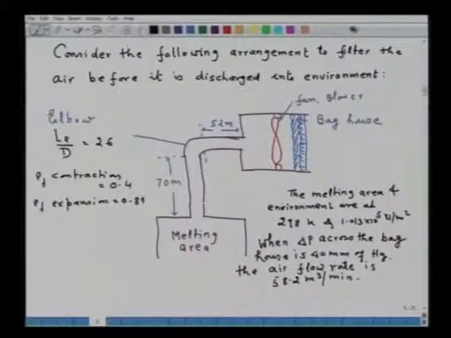So, that is what is given. Pipe diameter is also given. This is phi, that is the pipe diameter, equal to 300 millimeter.